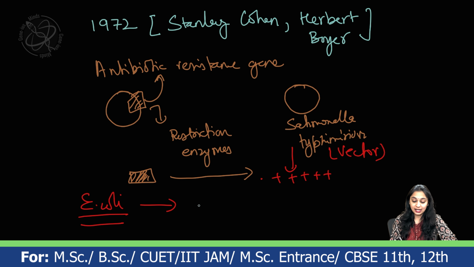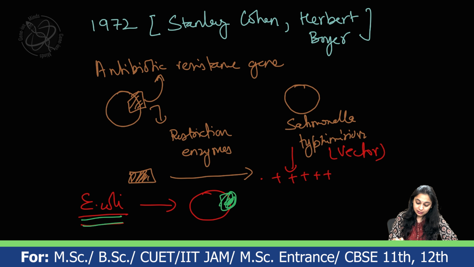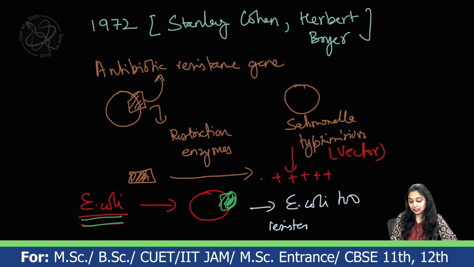And it was seen that when this Salmonella typhimurium plasmid carrying the antibiotic resistance gene of interest was incorporated into E. coli, the results were really shocking. Now the E. coli too started showing resistance against that particular antibiotic.